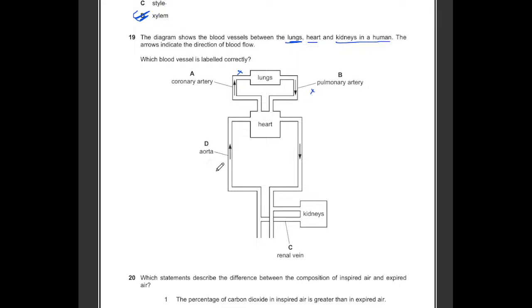No. Then from the heart, the direction of blood is going aorta, and this one towards the heart. No. Then from the heart, the blood is moving towards the kidney, and this is a renal vein which is shown. Renal is basically kidney and it's moving towards it, right? So this one is the correct one here. Fine. So C is the correct answer, renal vein.